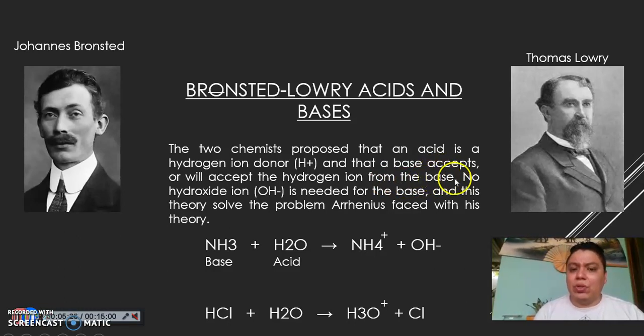No hydroxide ion is needed for the base, and this theory solved the problem that Arrhenius faced with his theory. If we go over this again with this reaction over here, this theory explains how ammonia behaves, because a base is basically going to accept a hydrogen ion from an acid.